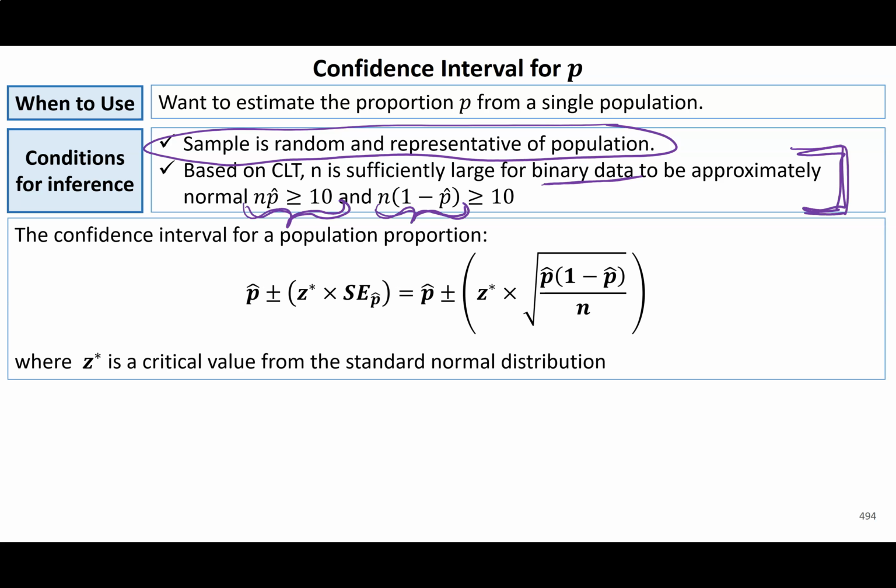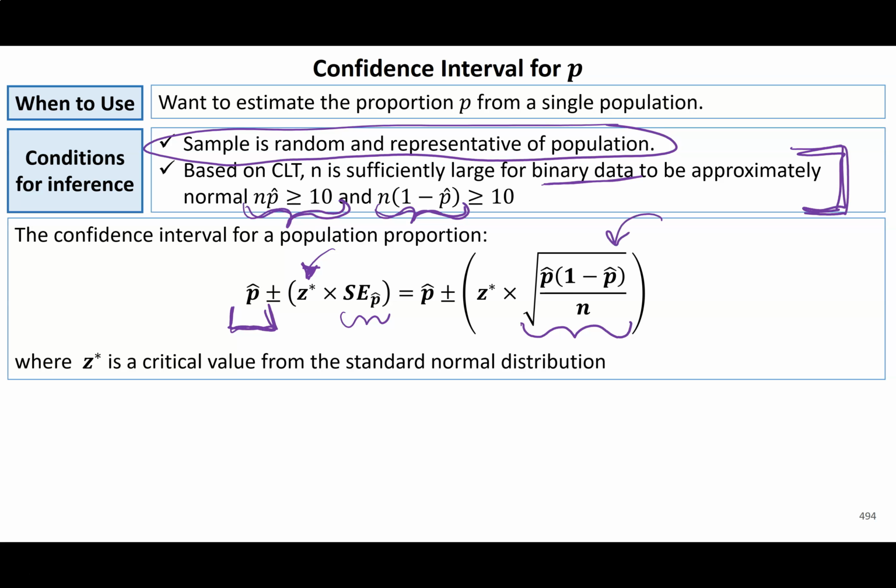From there, it's going to be p hat. So our point estimate is the sample proportion, plus or minus, because we're using z methods again, z star, which is great. So that 1.645, 1.96, those numbers, you can use them again. And then times the standard error for p hat, which is this part here.